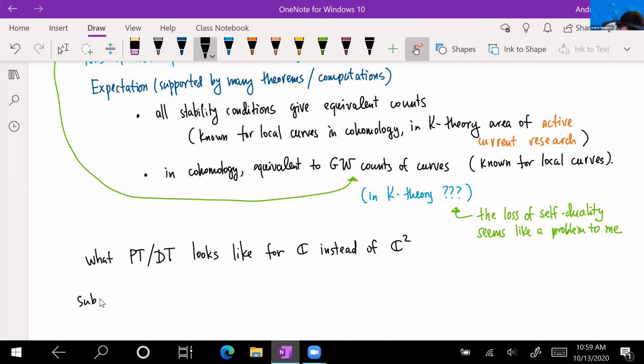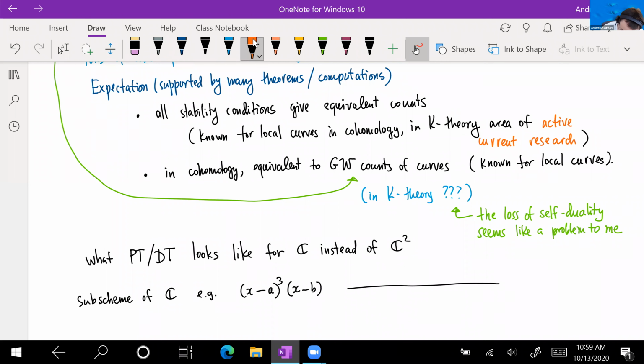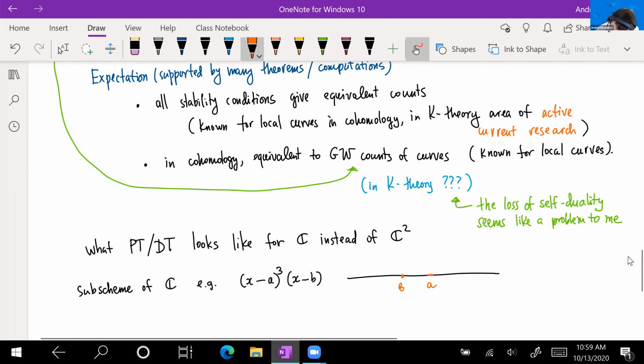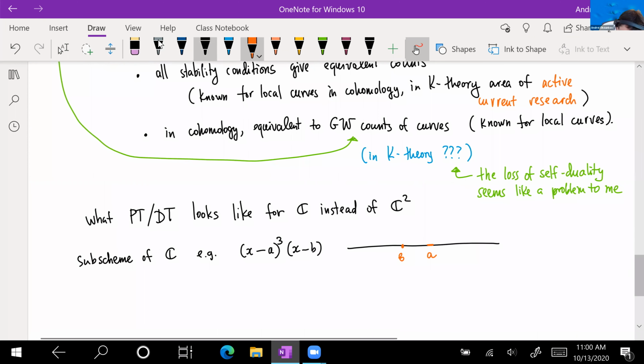But maybe we can draw an arbitrary subscheme of C, defined for example by the equation (x minus a) cubed times (x minus b), something like that. It means I have a point at b and a thicker point at a. Then maybe we can draw it as one box here and three boxes there.